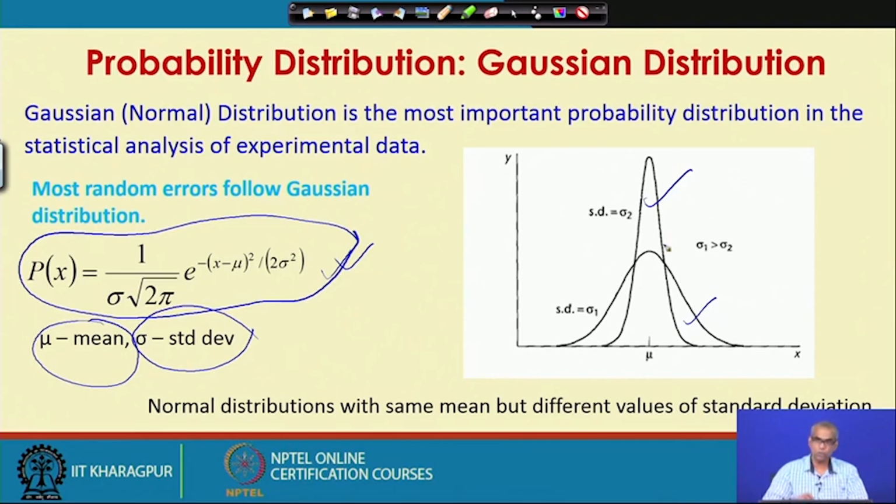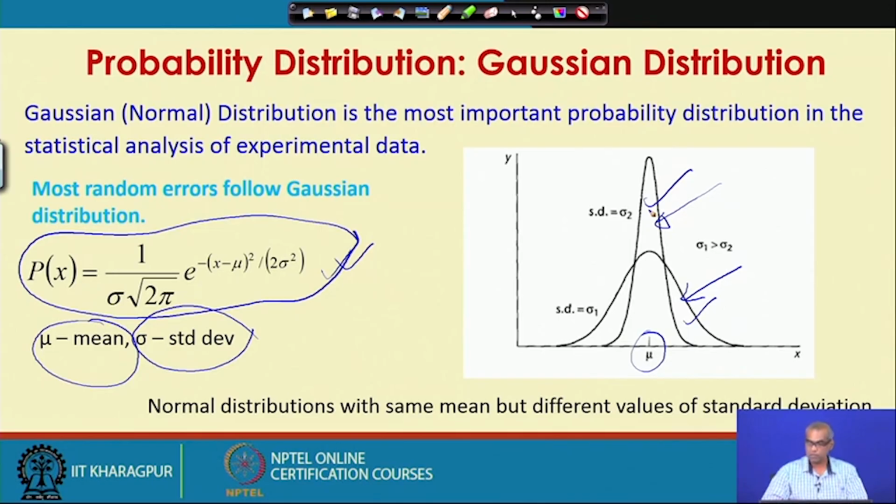There are two distributions shown in this figure, both have the same mean mu, but different standard deviations. This one has standard deviation sigma 1 and this one has standard deviation sigma 2.